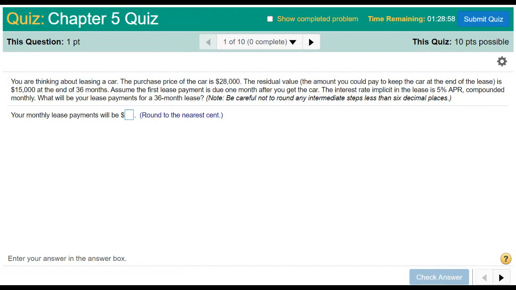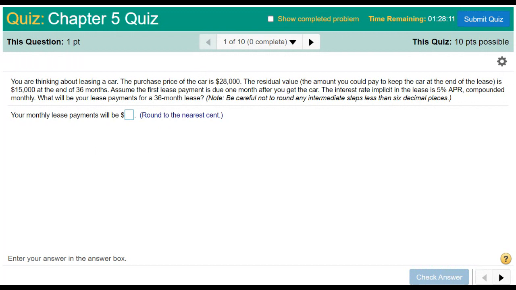First thing you have to do is put $28,000 on a piece of paper and say 28,000 minus, right? That's the purchase price of the car. Now, second thing you have to do is get the present value of the residual. Remember, when you're doing a lease, you're only leasing the car for 3 years.